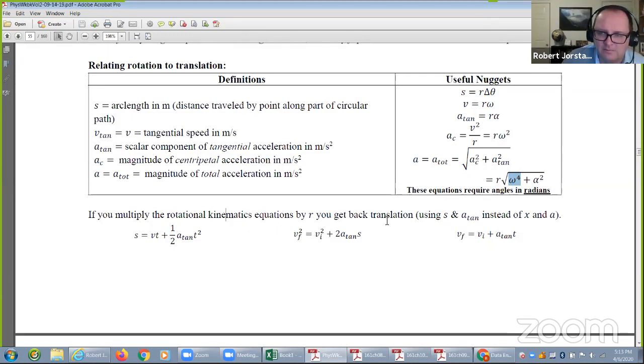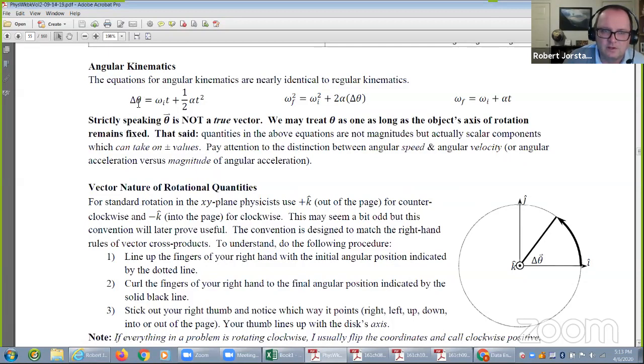All right, and check this out. Because S is equal to R theta, V is R omega, and A tan is R alpha, take a look at this equation. If you multiply that equation by R, multiplying by R gives you arc length, multiplying by R gives you tangential velocity, multiplying by R gives you A tan.